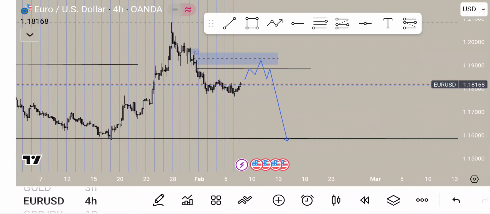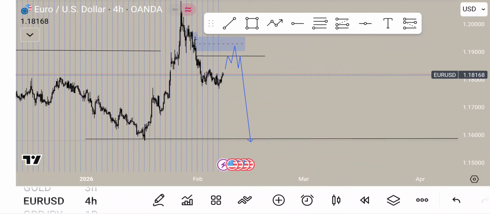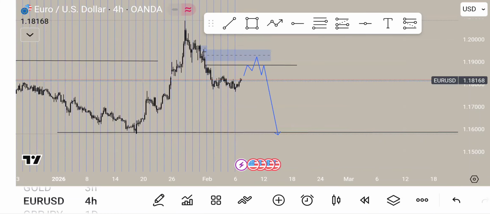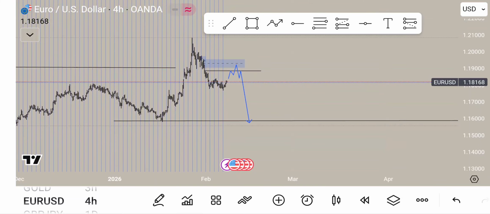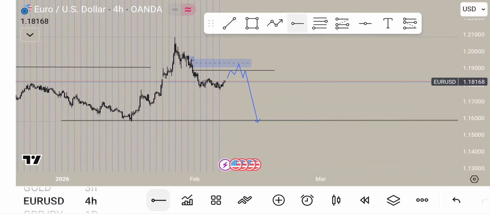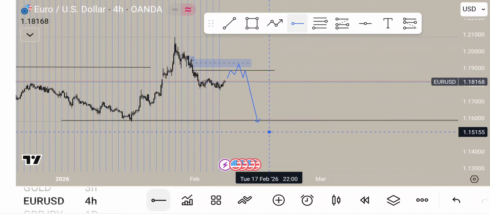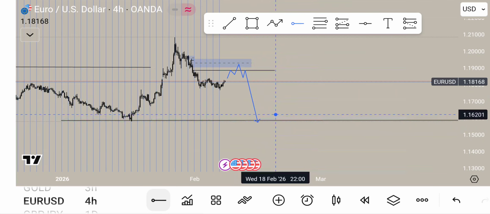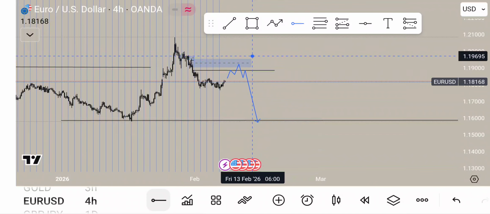And when I sell from this point, I hold it till TP, until it takes out January's low.